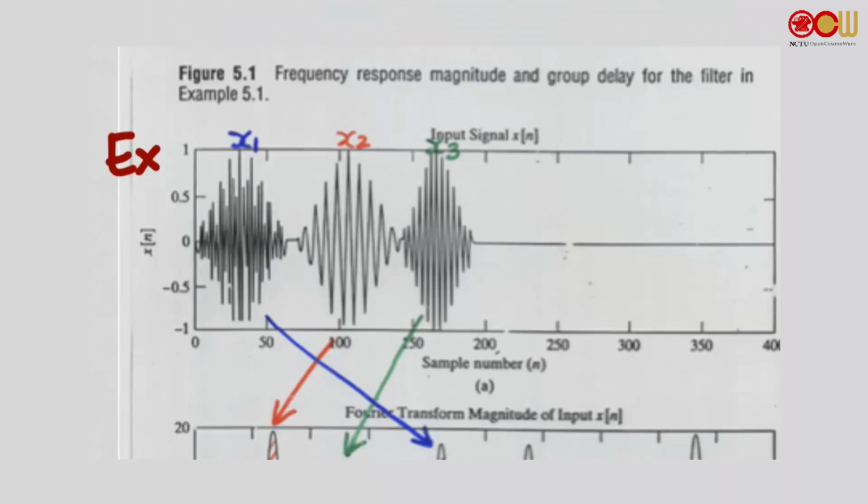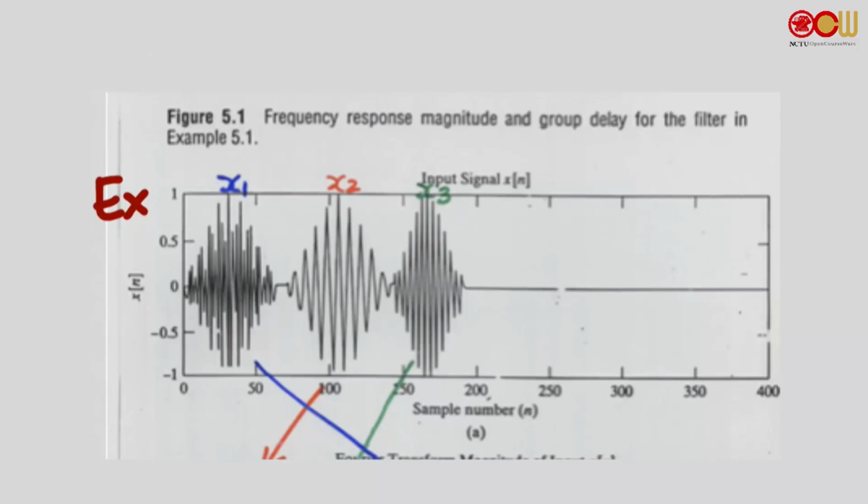Suppose we have an x[n] that looks like this in the time domain. Here we have around 200 samples, and first it's fast varying like this, and now it's going much slower and then faster again. You can think of it as a concatenation of three signals.